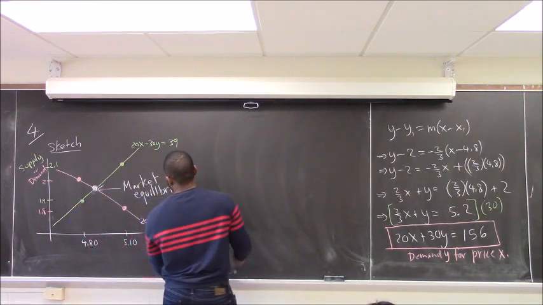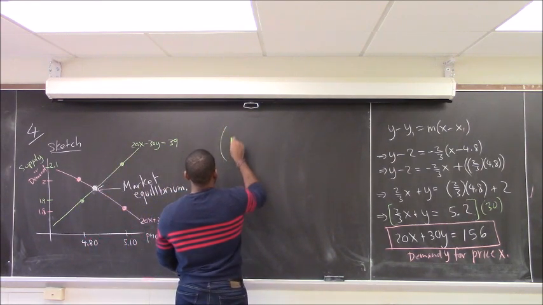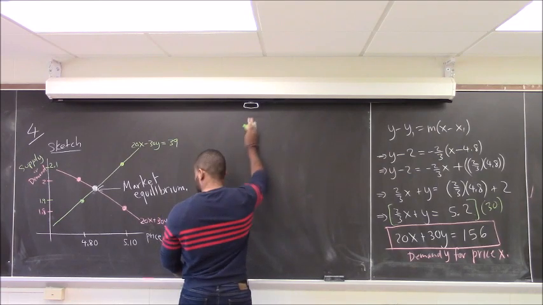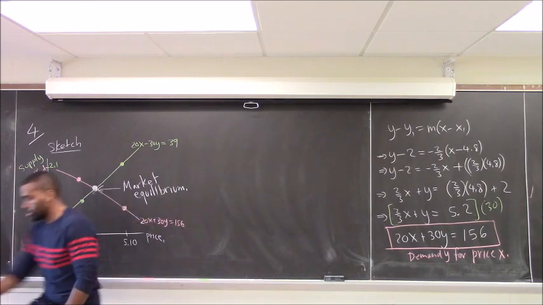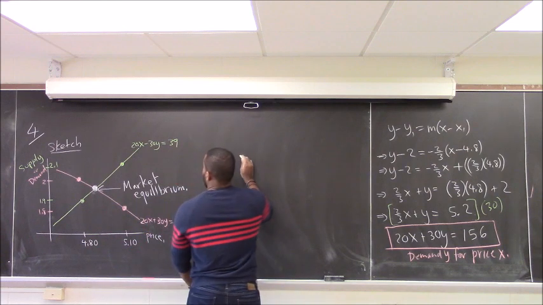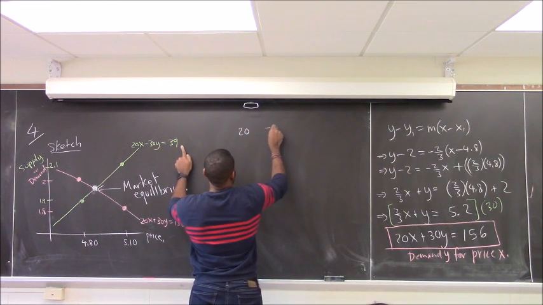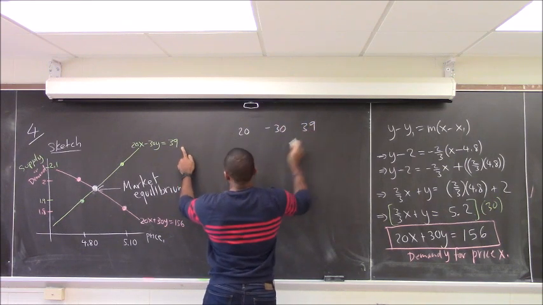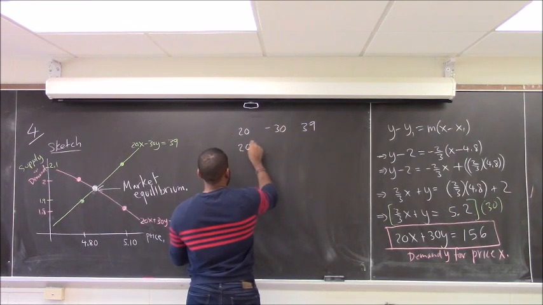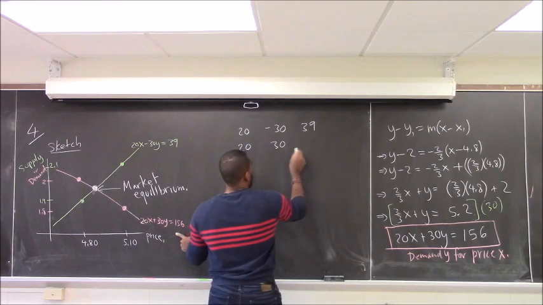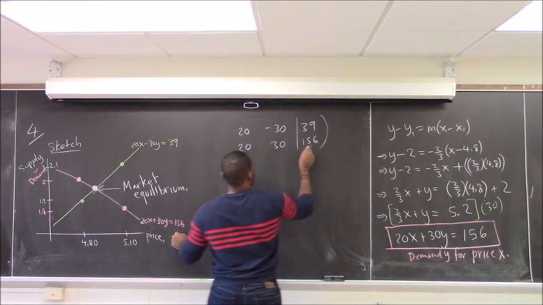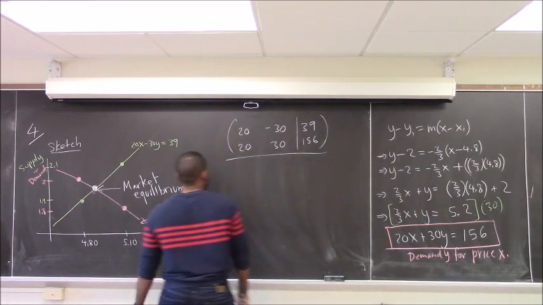So looking at the coefficients here, 20, minus 30, 39. Coefficients here, 20, positive 30, 156. I want to solve that system.